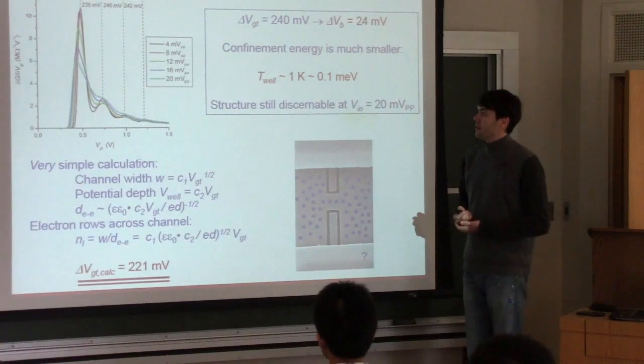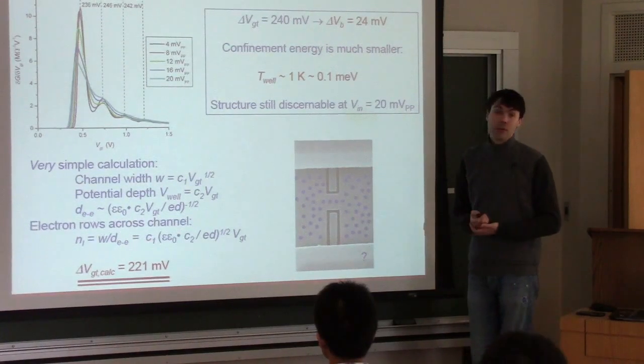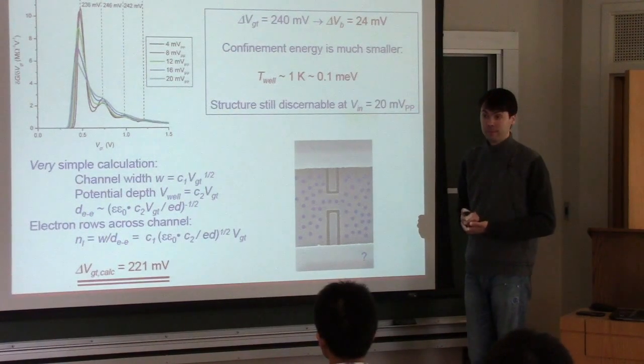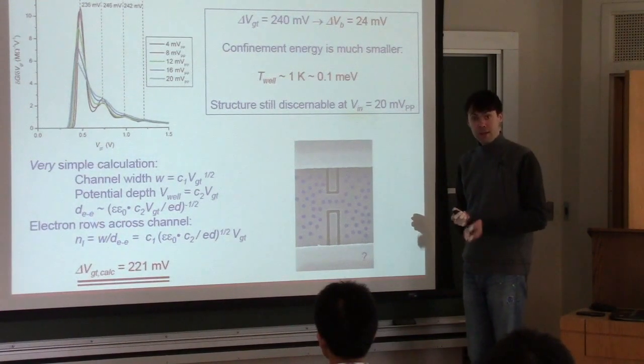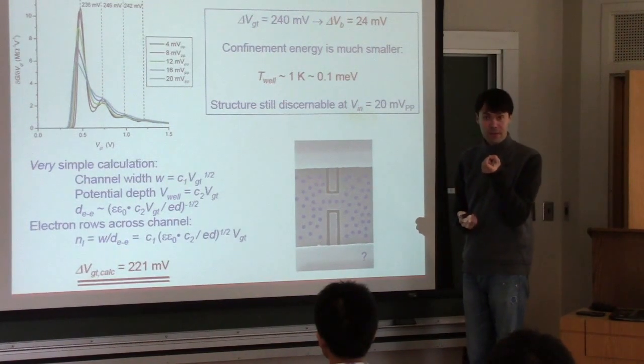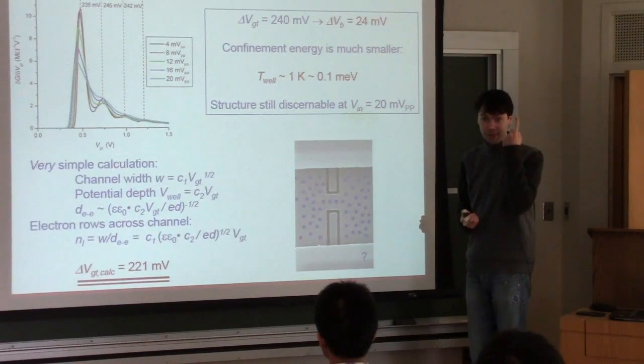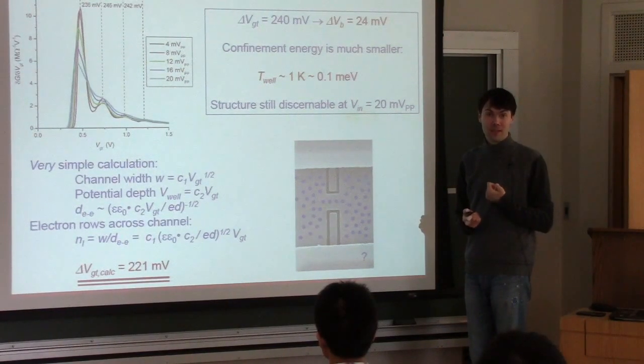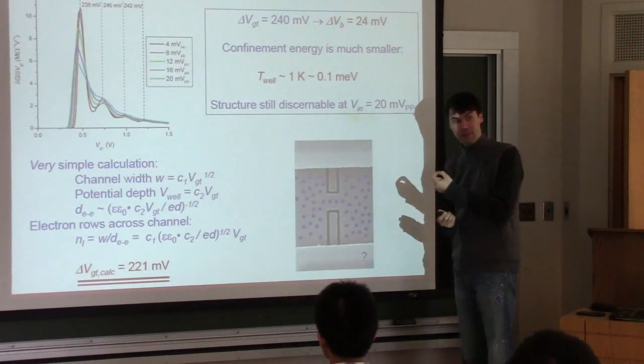You can also guess that it would be harder to create quantum confinement structures with these electrons, because these are real electrons. They are not effective electrons like in a crystal. So they have a mass of 1 compared to the gallium arsenide mass of 0.067.